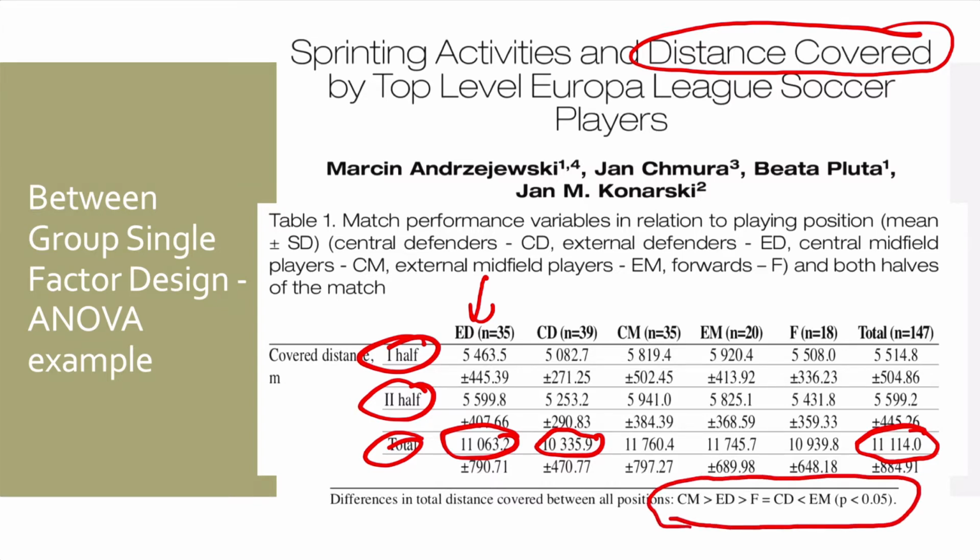The central midfielders ran the most, followed by the external defenders, followed by the forwards. There was no difference between the forwards and the central defenders. The central defenders ran less than the external midfielders. So we can see again that there were differences between these groups, which might mean that we want to train them slightly differently.